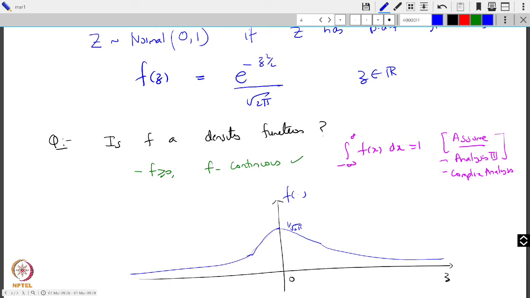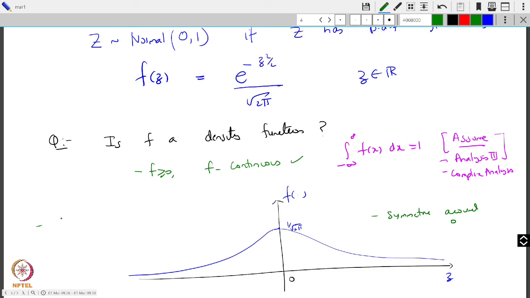So it will come down like this, and then change direction, and then come down like this. That's how the function will look. Some observations you can make: the function is symmetric around 0. The function decays to 0 very fast as z goes to infinity.